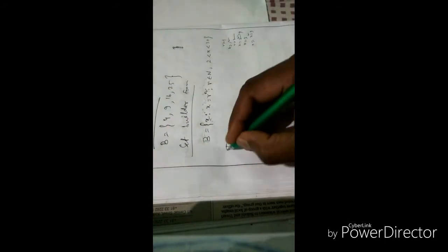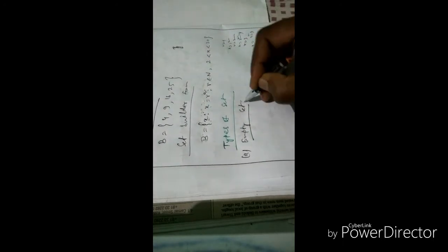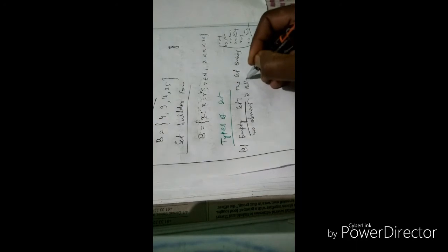Next, types of set. First, empty set. Empty set means what? The set that contains no element is called an empty set.